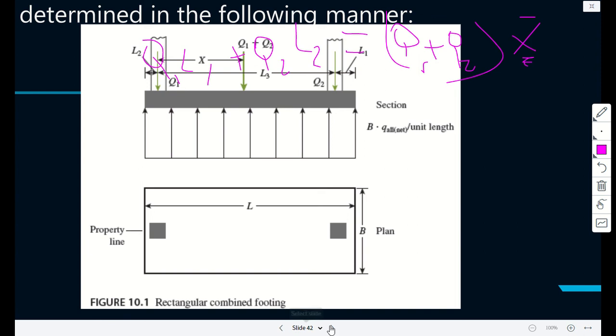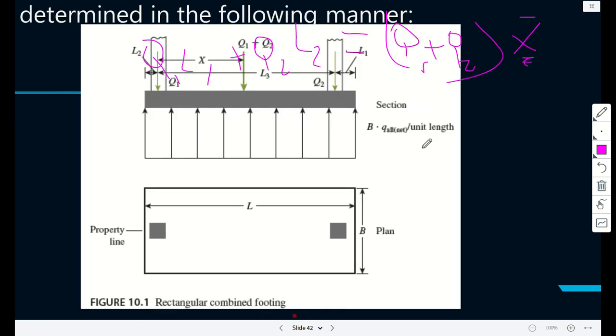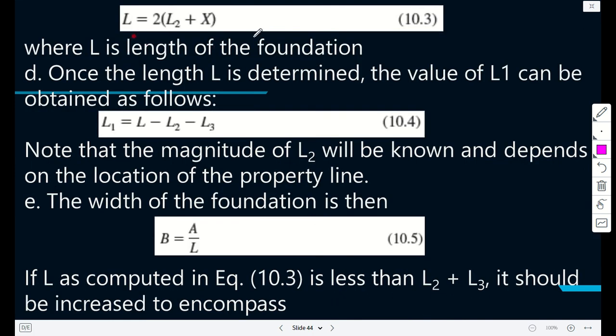This is how to determine the centroid, a derivation from this principle. For a uniform distribution of soil pressure under the foundation, the resultant of the column loads should pass through the centroid of the foundation. The rest is just some calculations based on geometry.